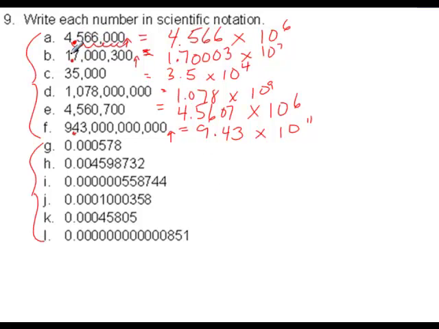4,566,000. 17,335,000. 1,078,000. 0.000578. So that's 578 millionths. 0.004598732. So that's actually 4,598,732 billionths.